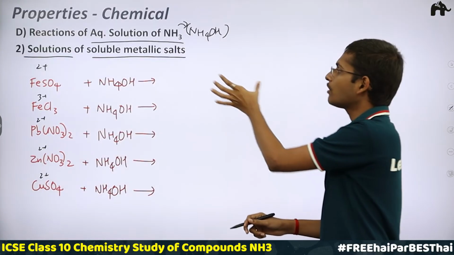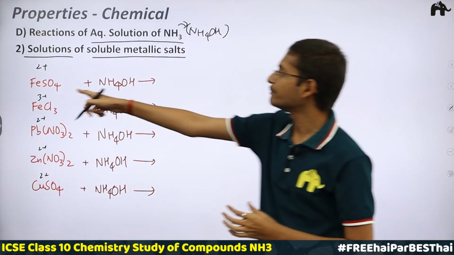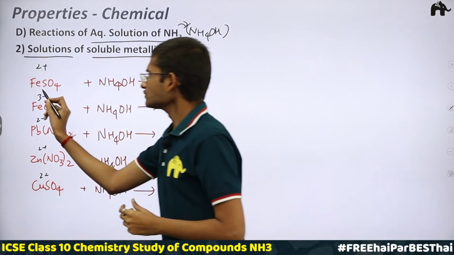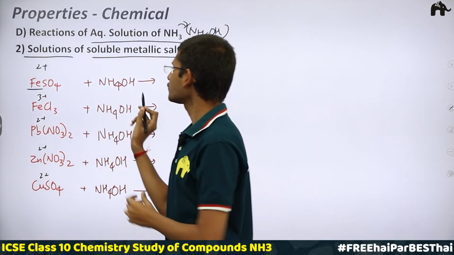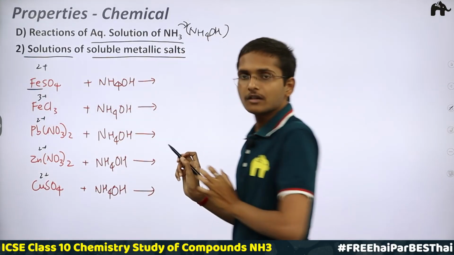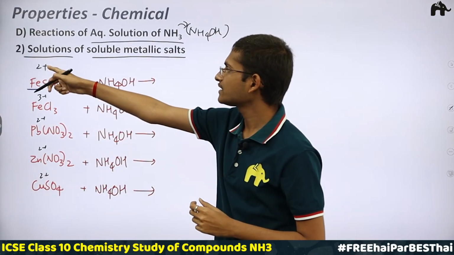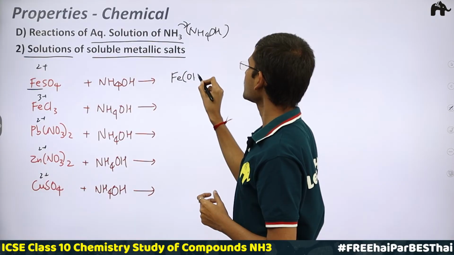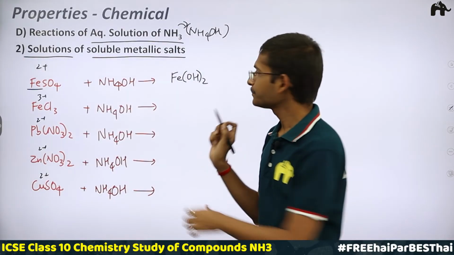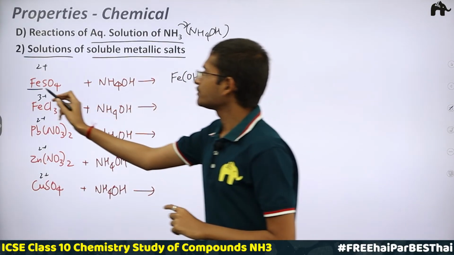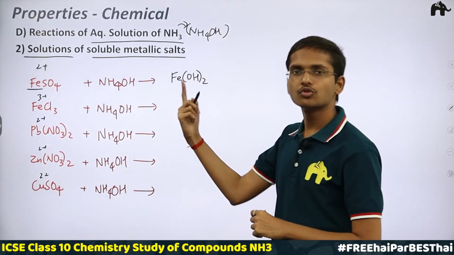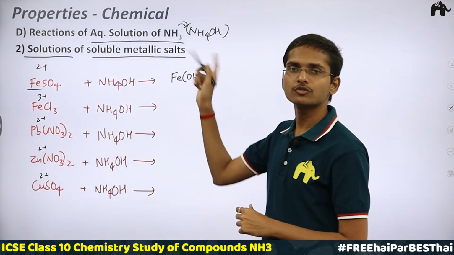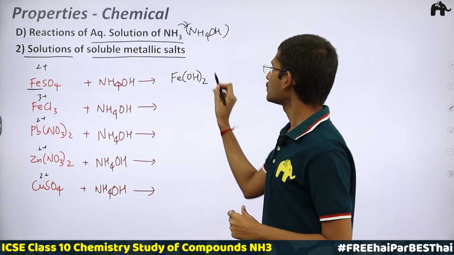So in their reaction you get precipitates, which are hydroxides of the metals. Here, in the case of FeSO4 and NH4OH, the hydroxide would be of iron, and since iron is in the +2 state, the hydroxide would be Fe(OH)2. Clear with this? Because it is +2, two OH minus ions are required. So this would be the precipitate.